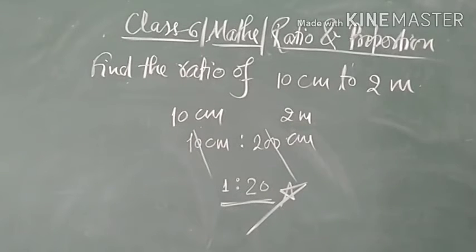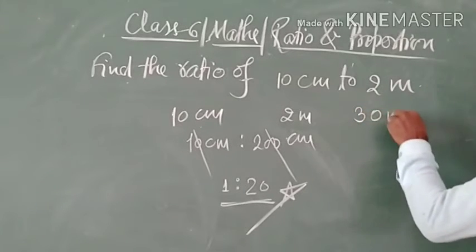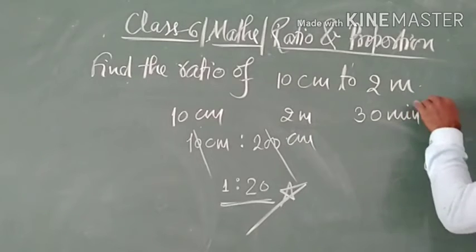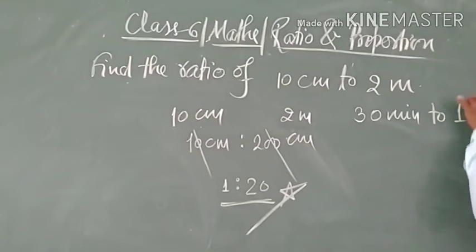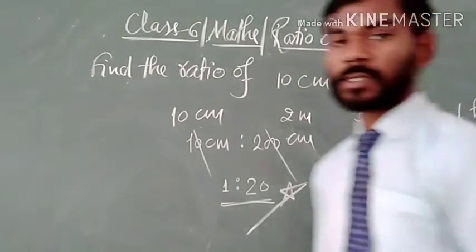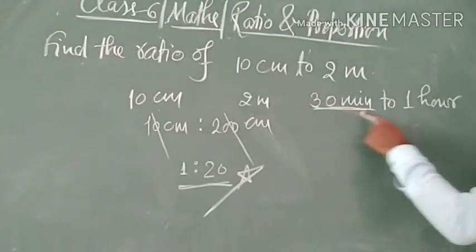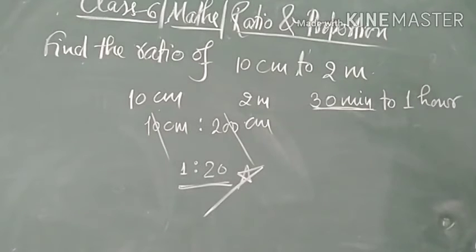Now let us see the next question. We have to find the ratio of 30 minutes to 1 hour. Here the first quantity is given in minutes and the other quantity is given in hours.